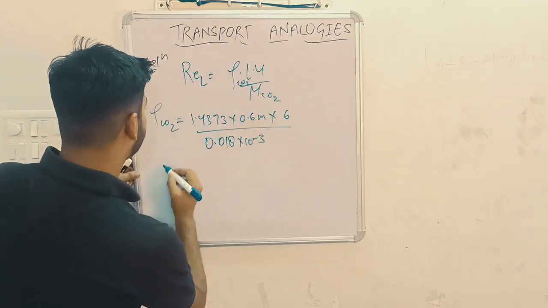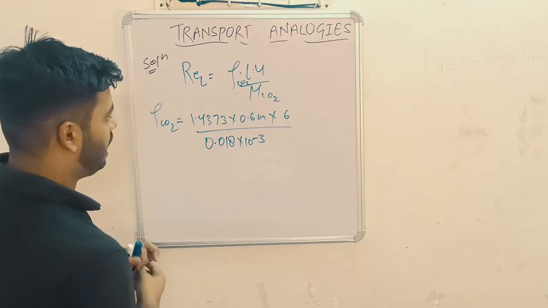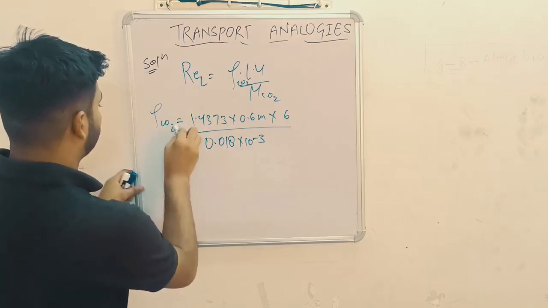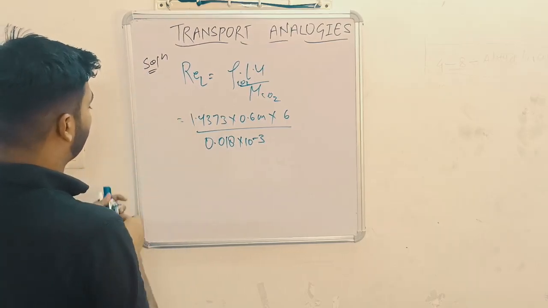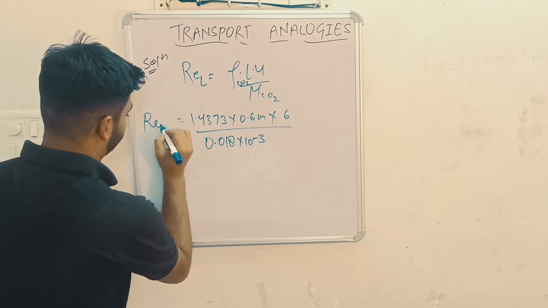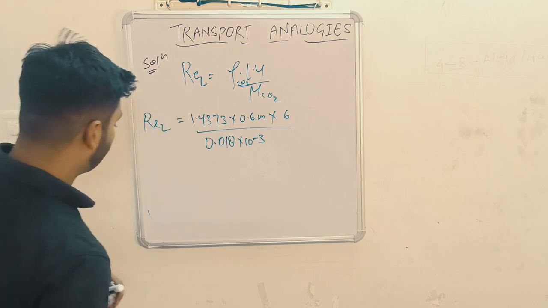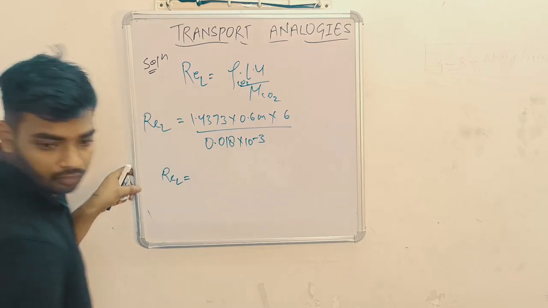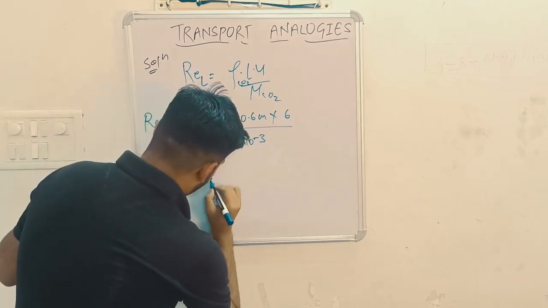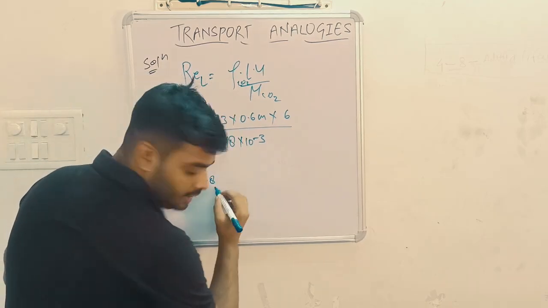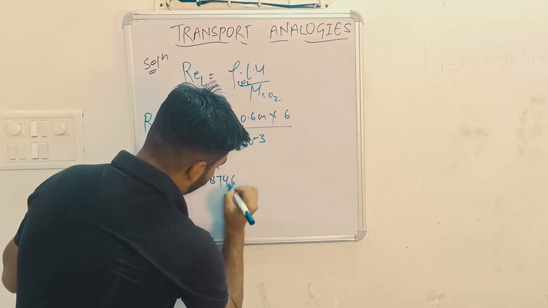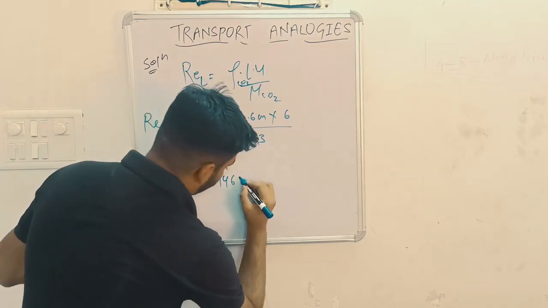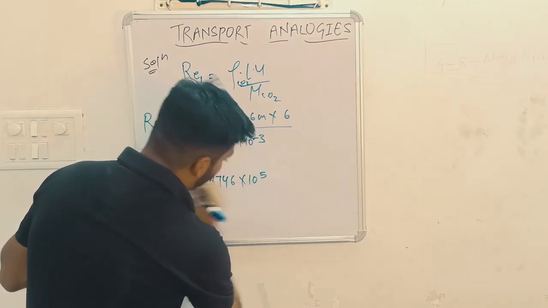Solving these values, we are calculating Reynolds number. So we will get the final value of Reynolds number as 2.8746 into 10 power 5.